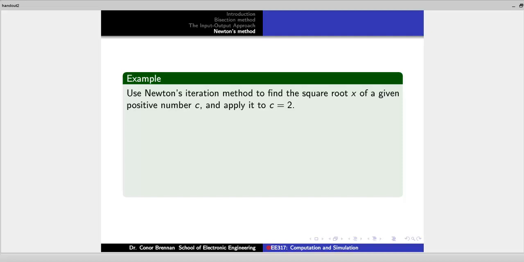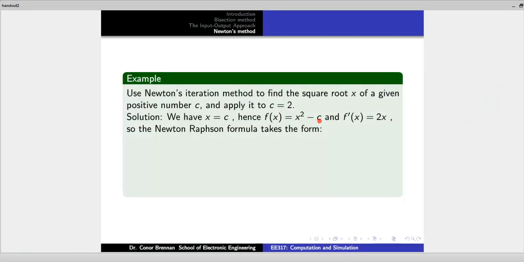Okay, so we finished on Tuesday by applying this. Let's work out the square root of 2. We know the square root of 2; that's just for illustration's sake. Let's use Newton-Raphson to work out the square root of 2. So we make a function, x squared minus c. The root of this function will be the square root of c, because when x is equal to the square root of c, we get x squared minus c, which is 0. It's a root.